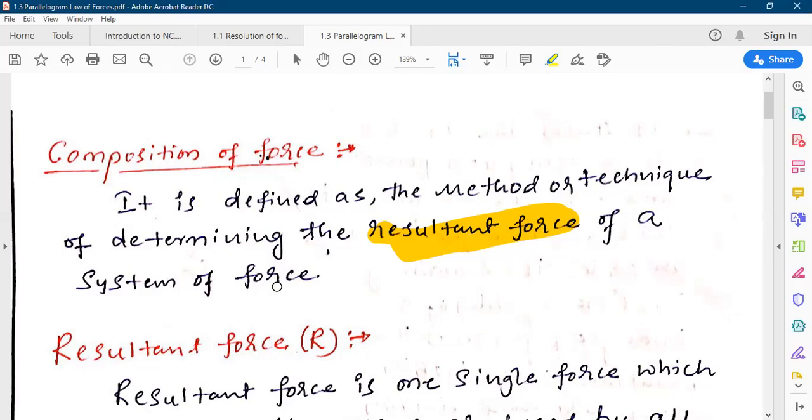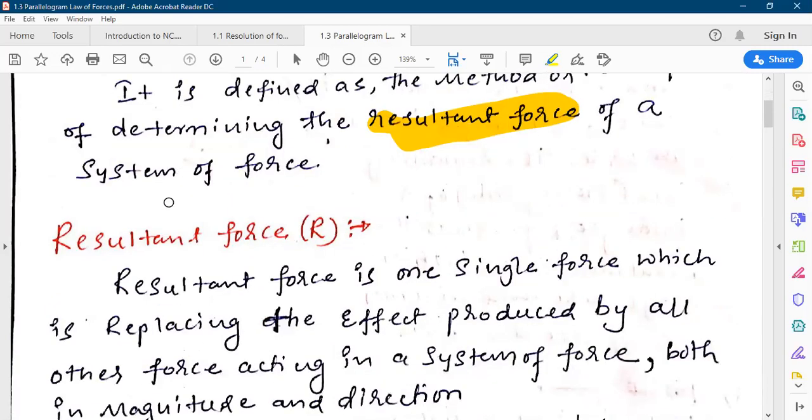All those forces can be reduced to a single force, and that single force will be called the resultant force. Similarly, the method or technique of identifying that resultant force will be called composition of force. So this is the definition of composition of force.